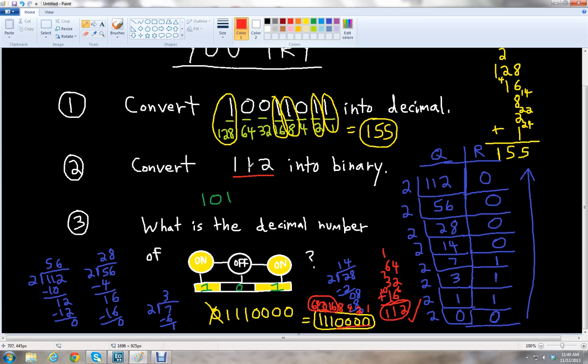And if we look at our powers of 2, we do 1, 2, and 4. So the 4 for this one, 1 for that one, so we just add 4 plus 1 together. It's 5. So we know that 1, 0, 1 in binary is going to equal the decimal number 5.